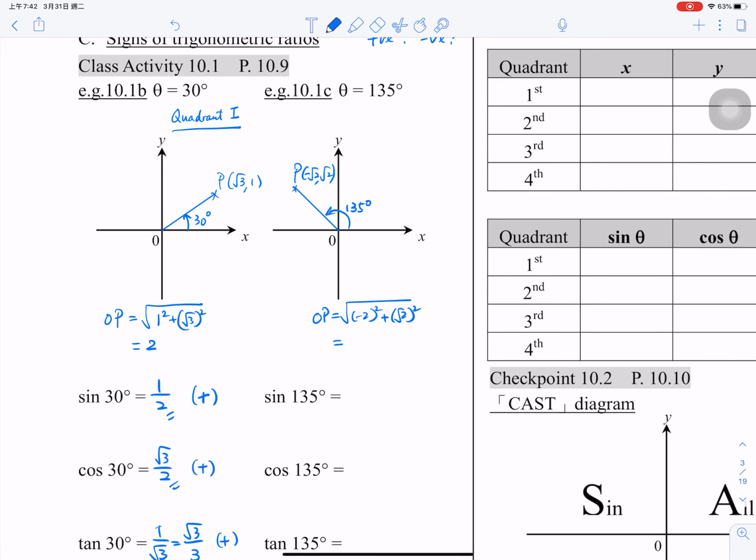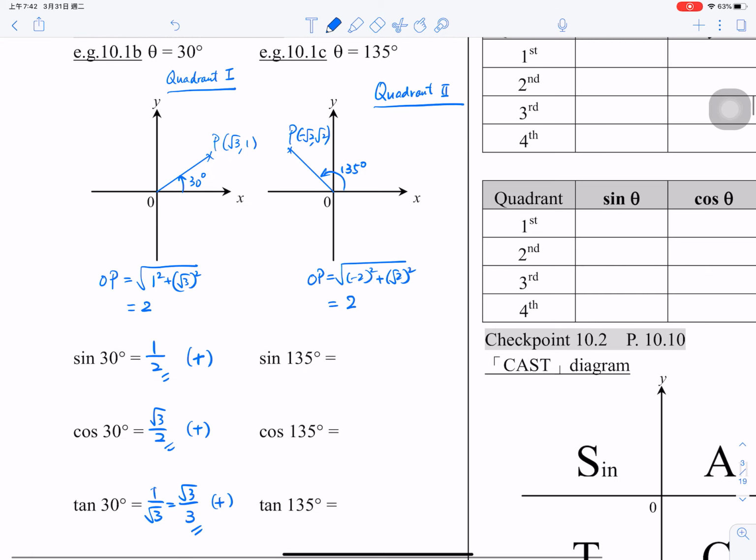How about 11.1c? Here, quadrant 2, 135 degrees. Let's see. Given the point P, negative root 2 and root 2, so OP equals 2. How about the sine, cosine, and tangent?